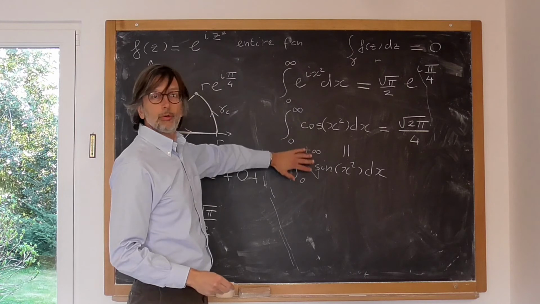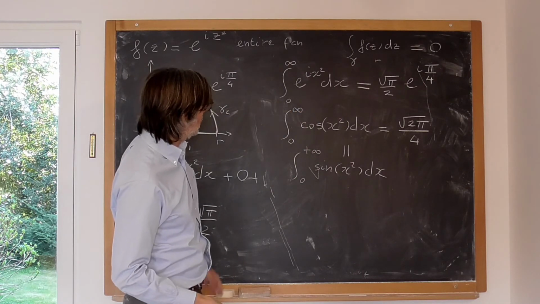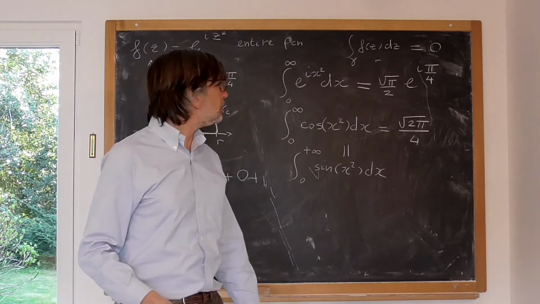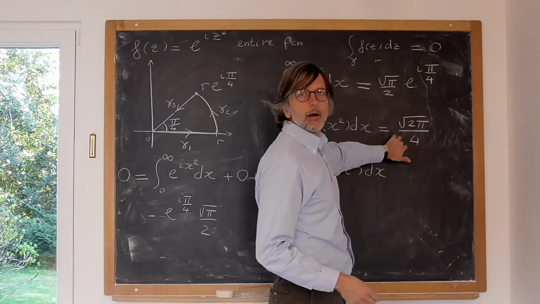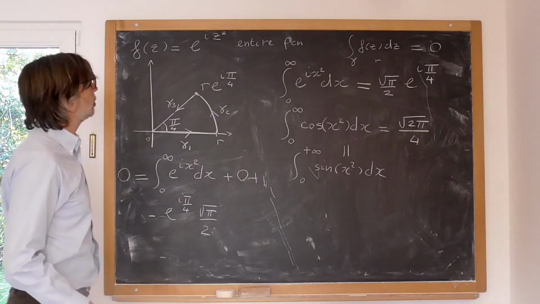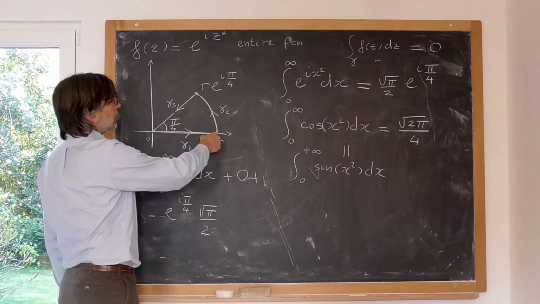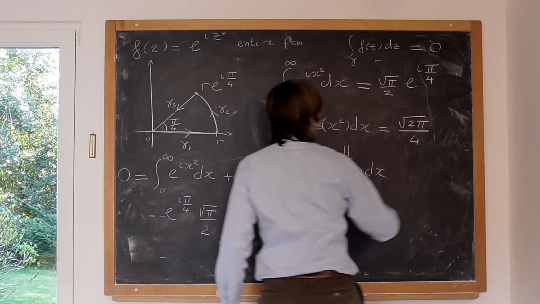So these both integrals coincide, which is also probably not that obvious from their definition. Both integrals coincide, and this is their value. But in order to conclude this computation, we still need to show that the integral over gamma 2 goes to 0. So let's do it.